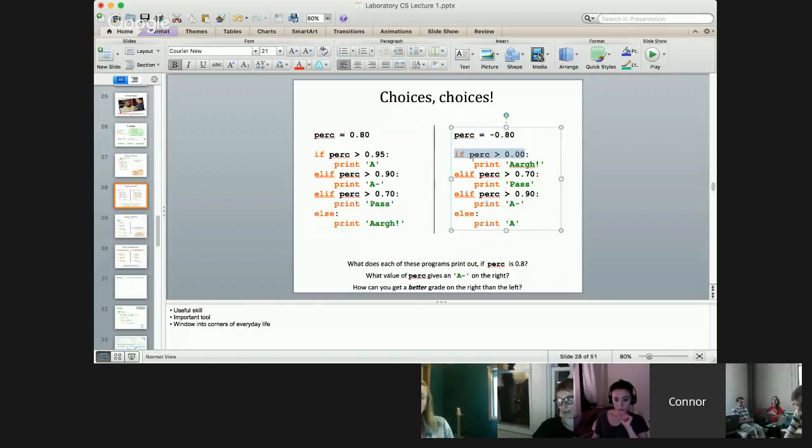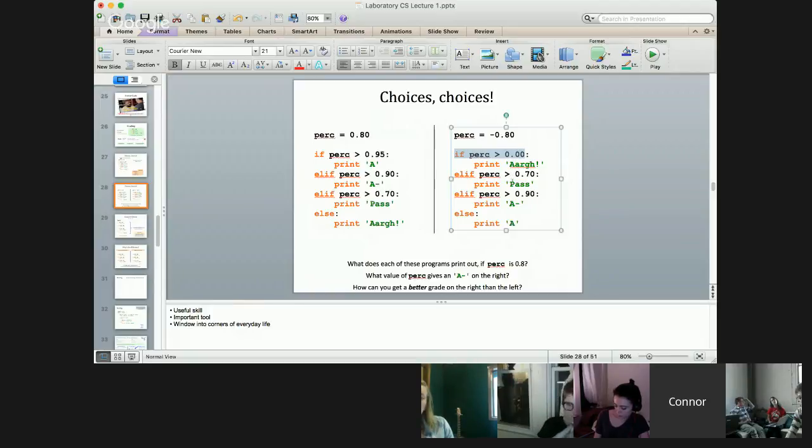For any of the percents less than 0 or in the negative, you're probably going to get a pass as long as it's like an 80 or a negative 0.8. So this is greater than.